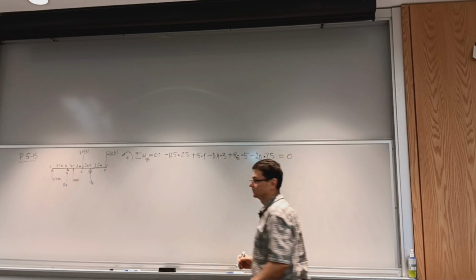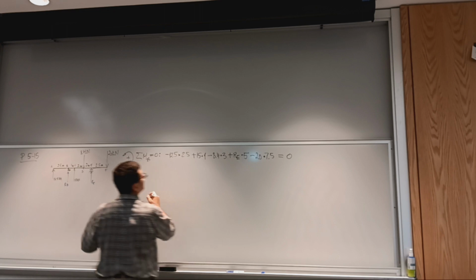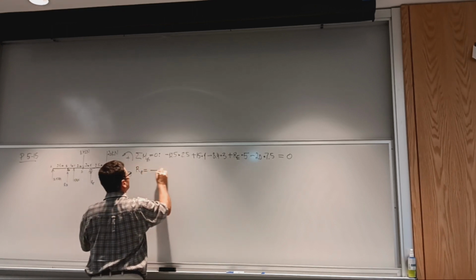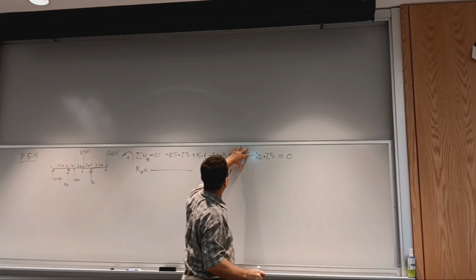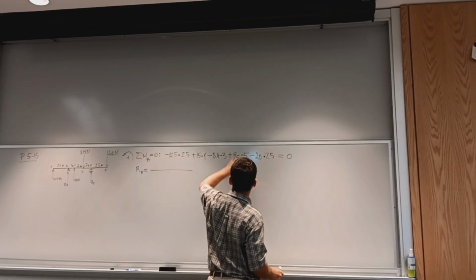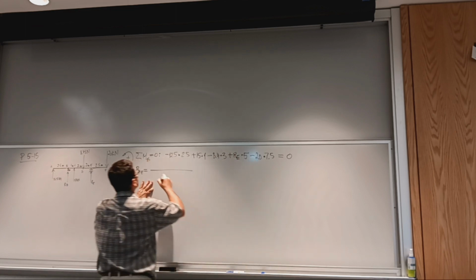Equals 0. Do you follow? Okay, so we can now solve for RE. We keep this here and move the rest. Keep it to the left because it's positive, so we move everything to the right. So what was negative becomes positive.